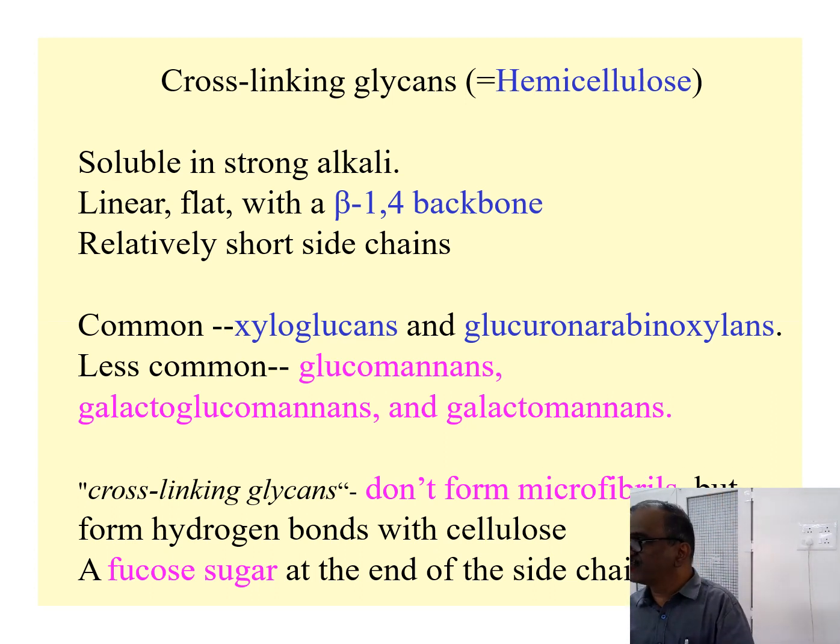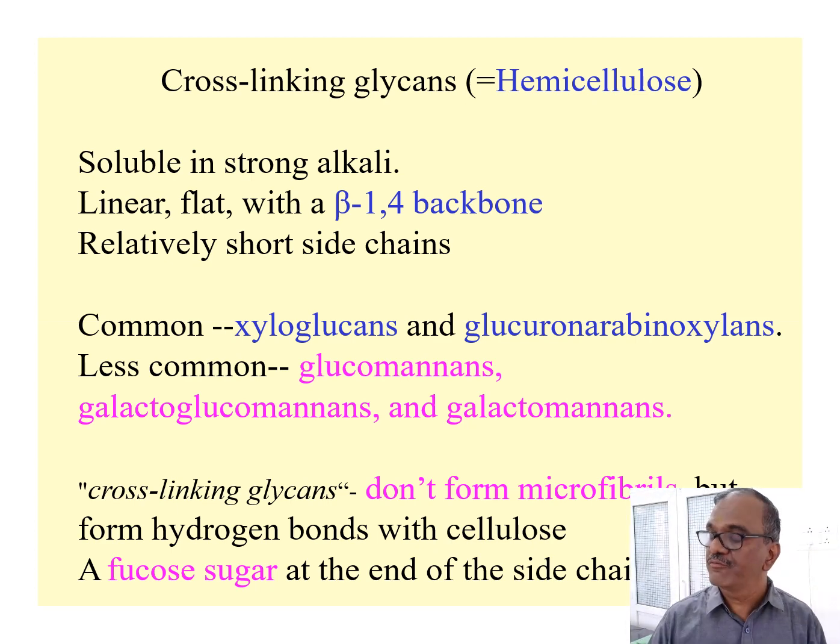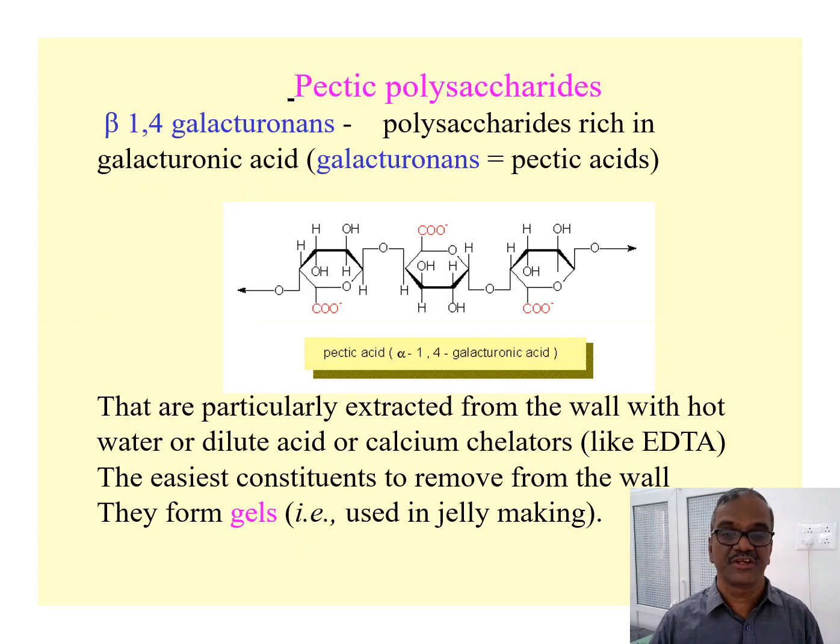Whereas in the hemicellulose, it doesn't form a microfibril. Okay, and the hydrogen bonds are also present, but a fucose sugar is on the side chain. So that is about the hemicellulose. Then pectic polysaccharides. As we told, galacturonans make up the pectic polysaccharides.